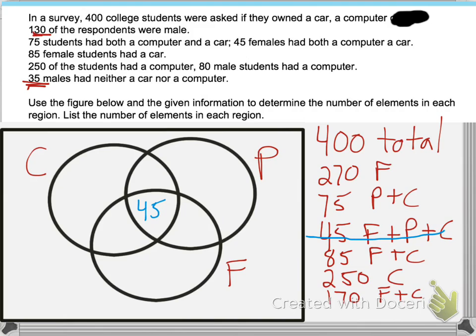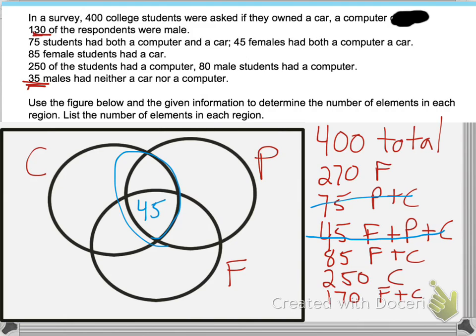And then we start to work our way out. So now we can focus on, what about this area? What if we look now at the overlap between cars and PCs? Do we know that number? Do we know how many people fall in the overlap between cars and PCs? And the answer is, yeah, we do.